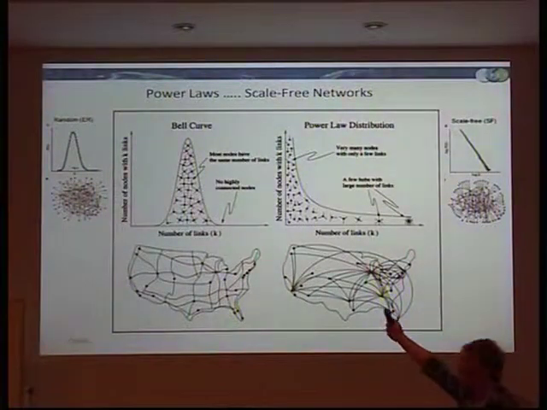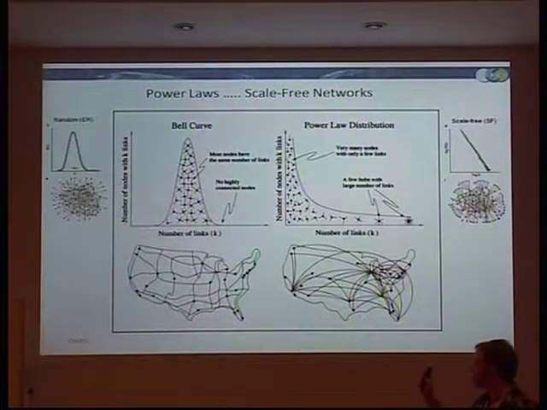As we can see, this one represents a random network that follows a Poisson distribution.